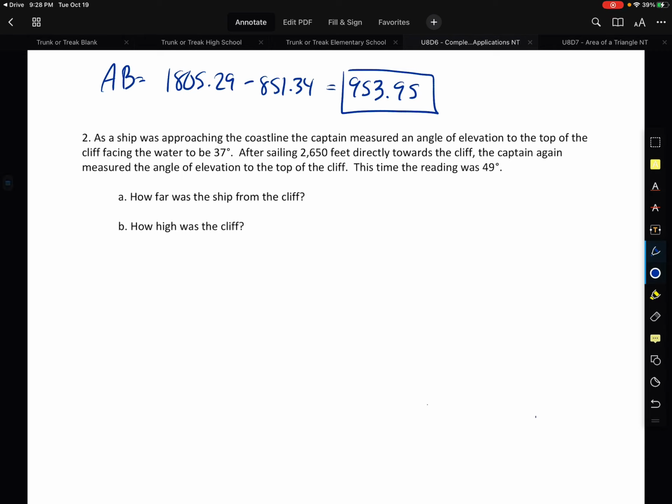Alright, the ship problem. We've looked at this, but I really want to make sure we're okay with it. A ship was approaching. There's my little boat. The captain measures the angle of elevation to the top of a cliff to be 37 degrees.